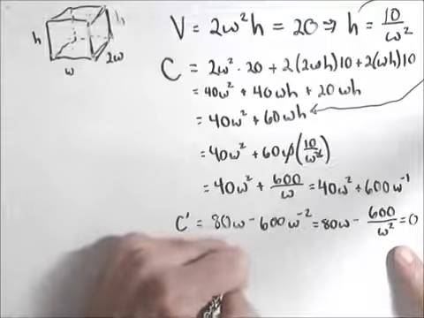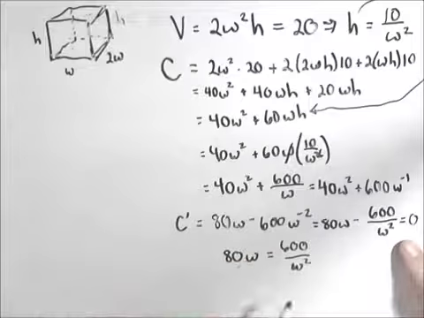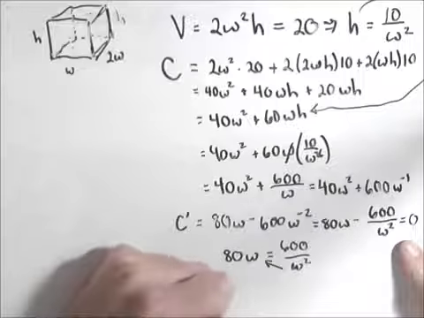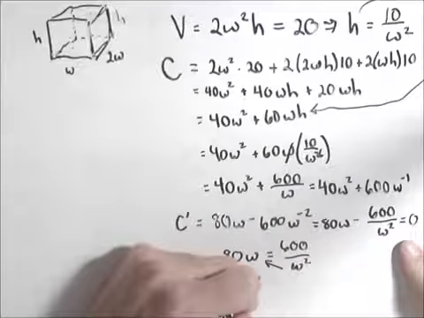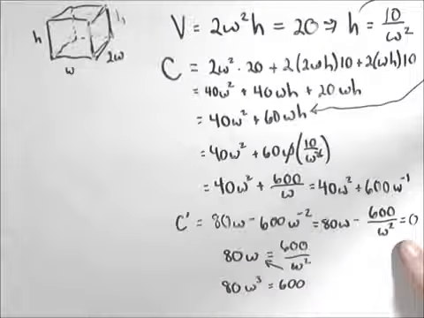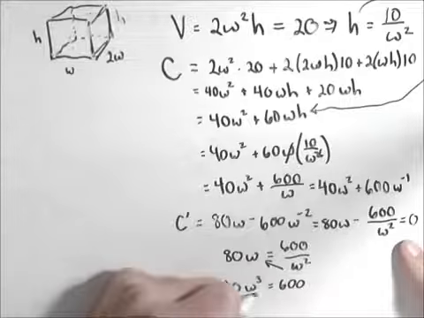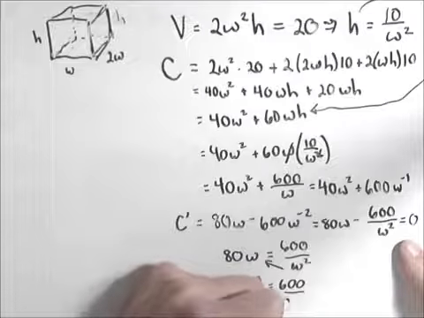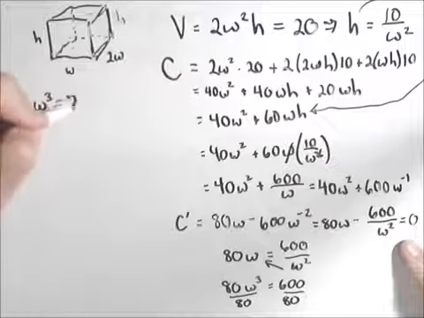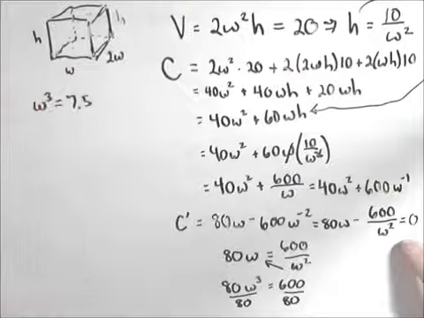So we get 80W equals, add the 600 over W squared to both sides. Okay, and now what I'm going to do is cross multiply that W squared. So I have 80W cubed equals 600. Alright, and let's simplify this a little bit. Let's solve for W. Divide both sides by 80. We are going to get W cubed equals 7.5.